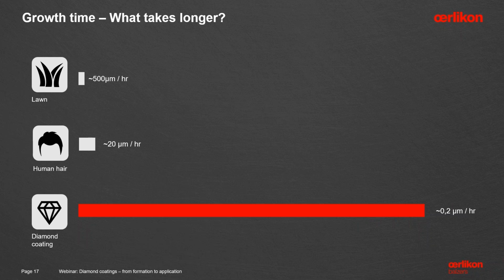For high quality diamond coating, the rate is typically around 0.2 micron per hour. We can adjust it a little bit, but only maybe to 0.25. So it's still a very long process to create this high quality layer.